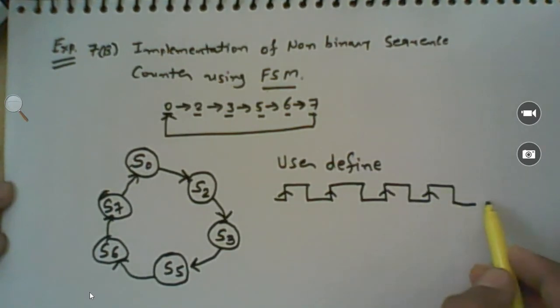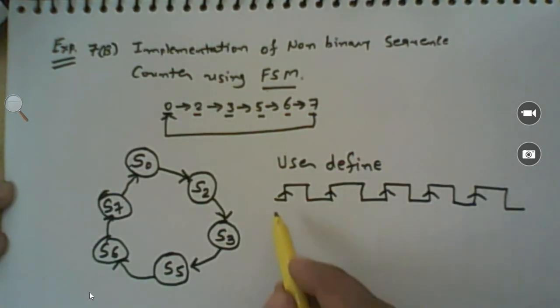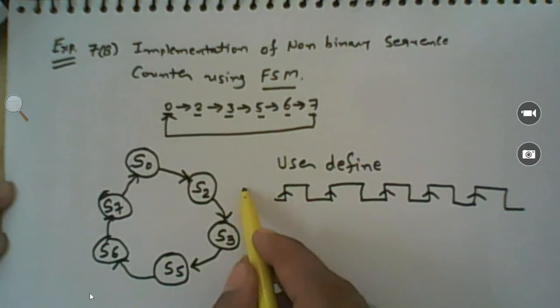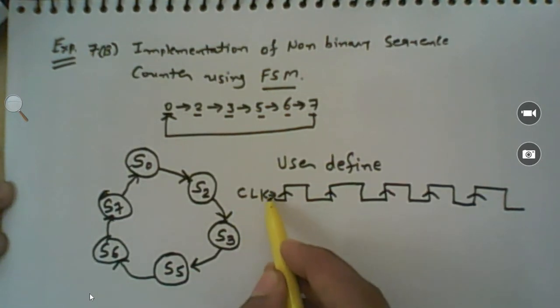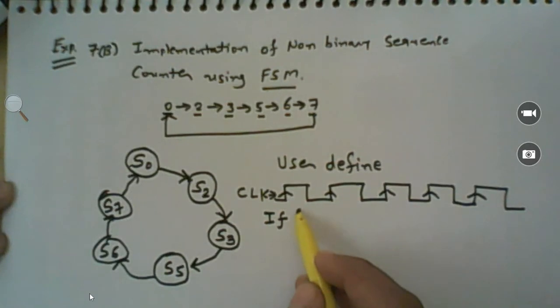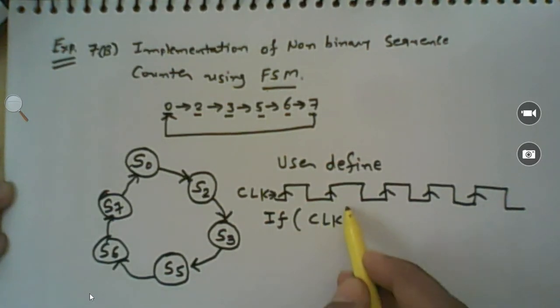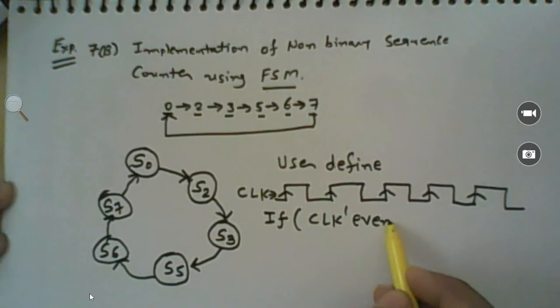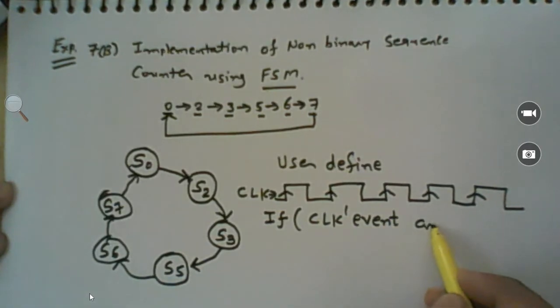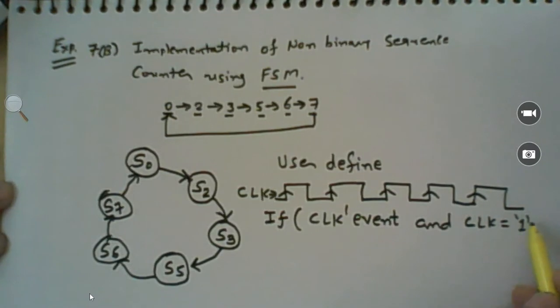Depending on the present state, the next state will be derived. To check the positive edge of the clock, the syntax in VHDL is clock'event and clock equal to 1. It will check the positive edge of the clock.